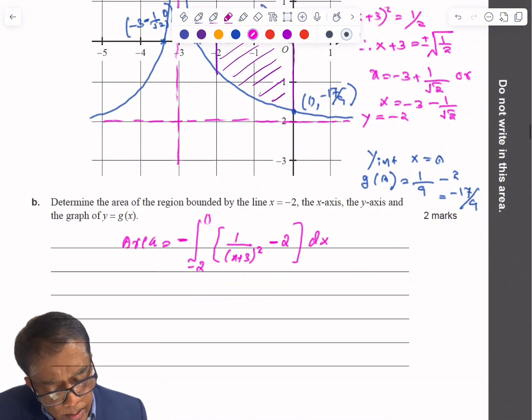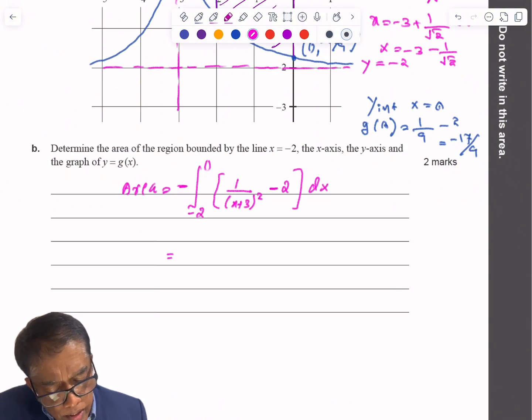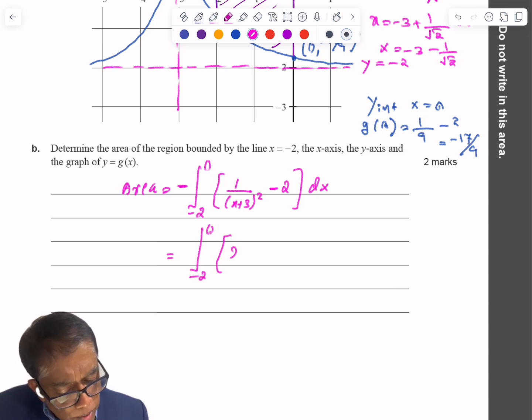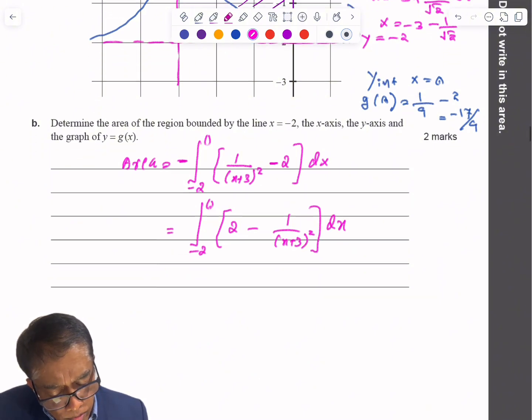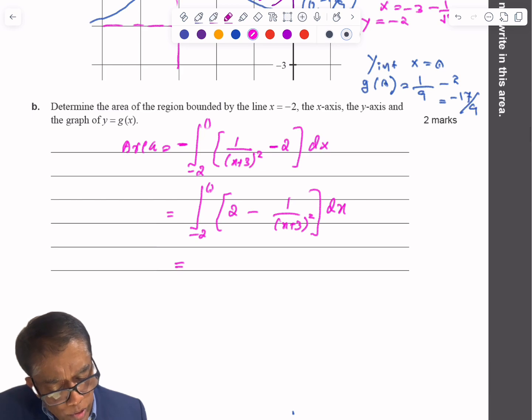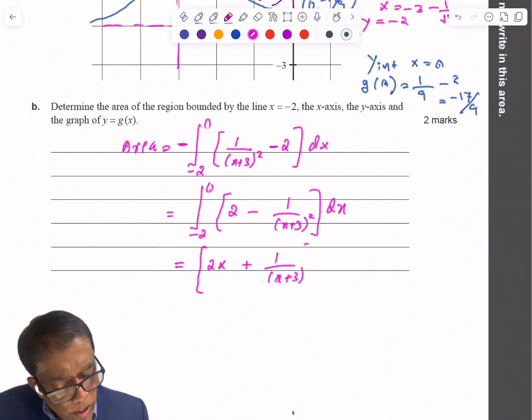We know that this can be written as the integral from negative 2 to 0 of 2 minus 1 over (x plus 3) squared dx. If we integrate inside the function, 2 means 2x, and this one is 1 over x plus 3, from negative 2 to 0.